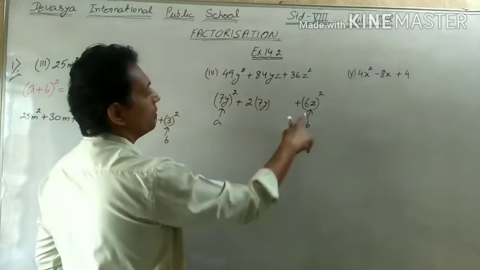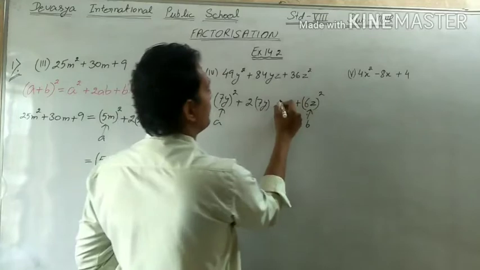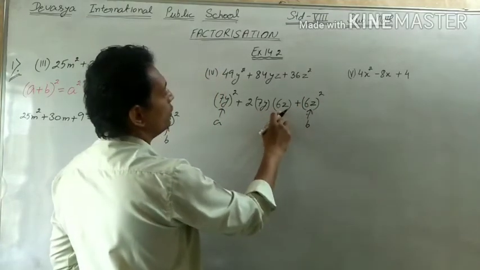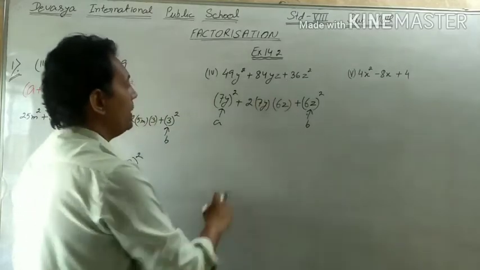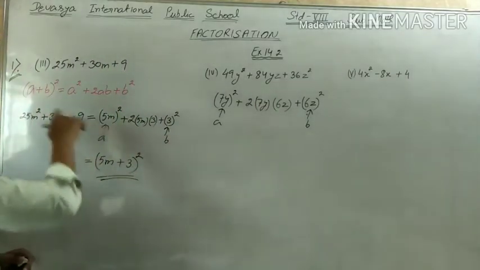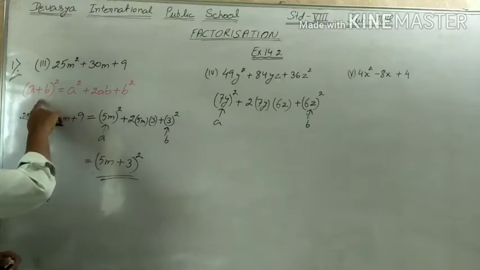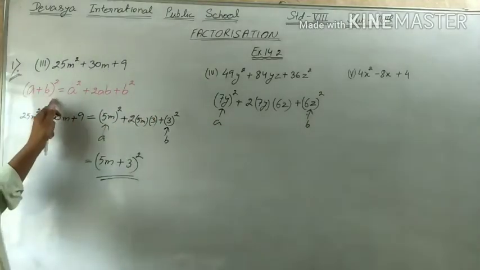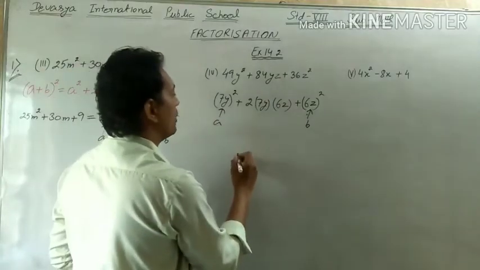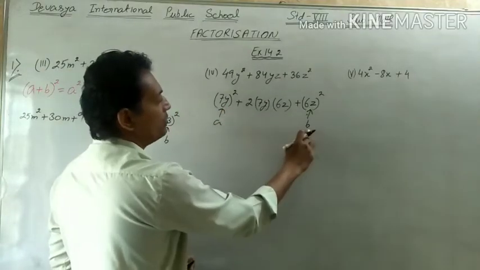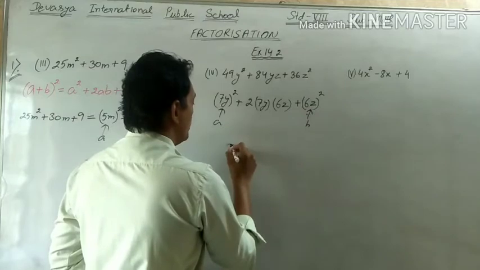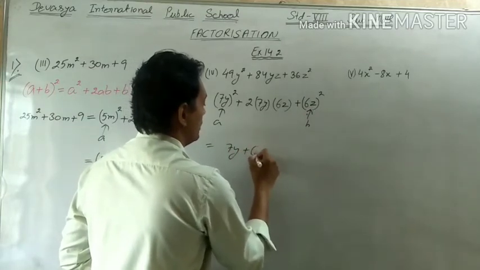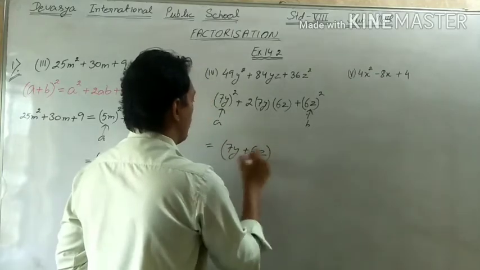What is B? B is your 6z. Clearly, when you multiply 2 into 7 into 6, you get 84yz. Okay? And the expression which corresponds to the left hand side of the identity is the factorized form. So, that is A plus B whole square. So, we need to write as A plus B whole square. What is A? 7y. What is B? 6z. So, 7y plus 6z whole square.